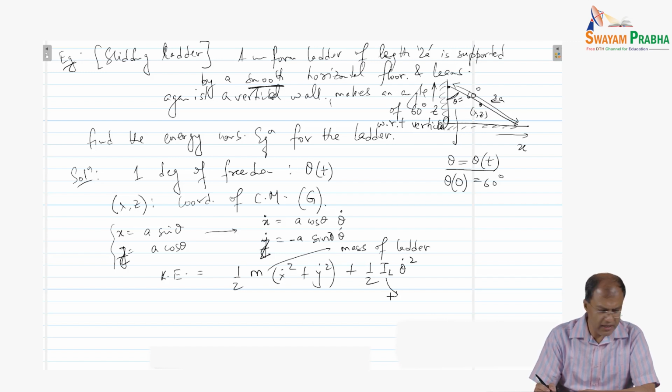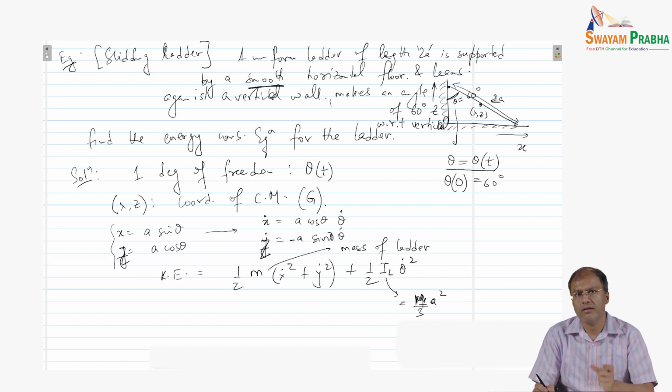We can treat the ladder as a stick, right? And the moment of inertia of a stick about its center will be equal to m by 3 a square, a being the semi length of the ladder.